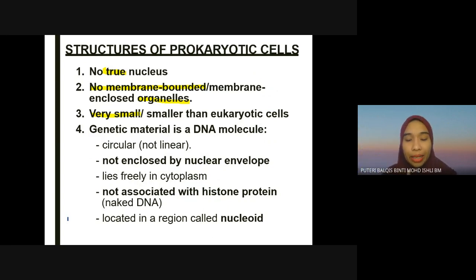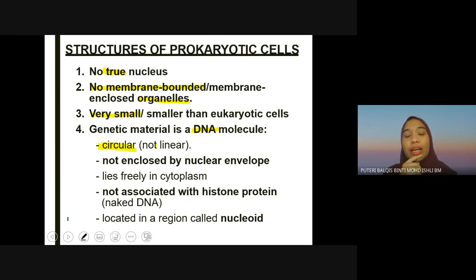The genetic material dia is DNA. Of course dia ada DNA molecule. Sebab tu dia boleh survive. Dia akan sentiasa membiak sebab dia ada DNA. Tapi DNA dia adalah circular. Circular DNA, dia bukan linear. Kita human, animal and plant cell, kita punya DNA adalah linear.